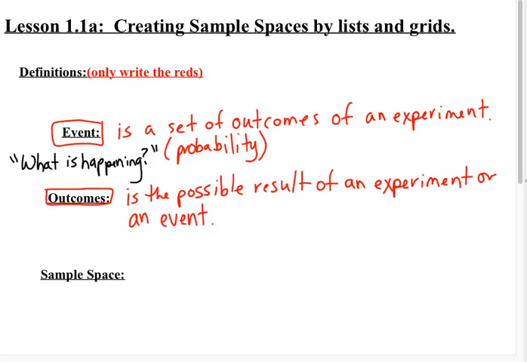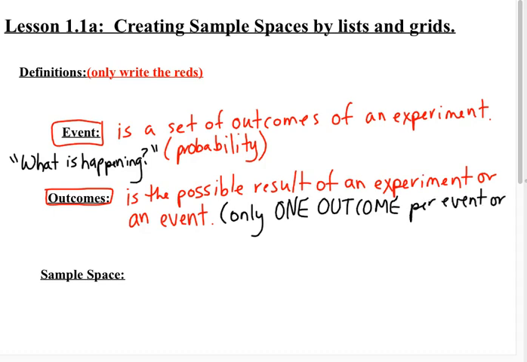It is important to note that there is only ever going to be one outcome per event or experiment. What's an example I can give you? You flip a single coin. What is a possible outcome? Well, you can flip it and get heads. That's one outcome.